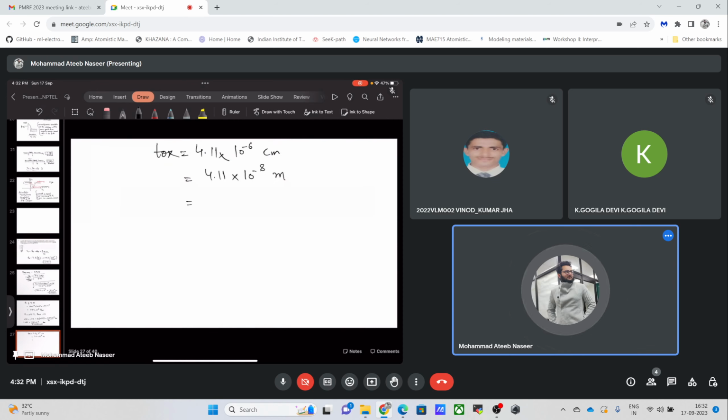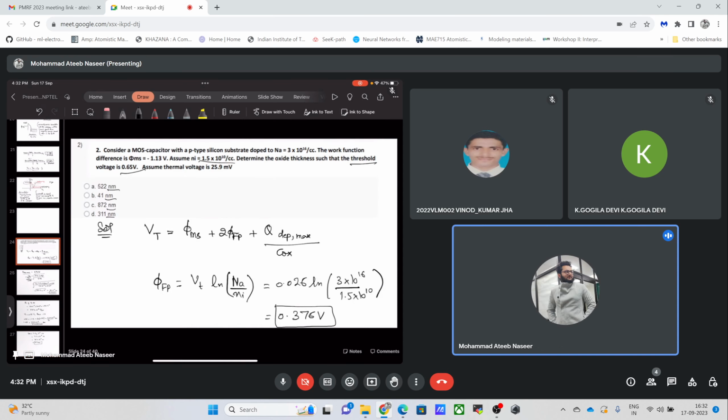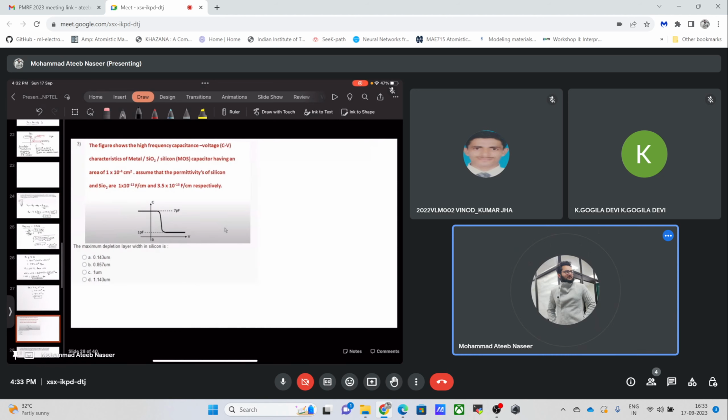So it is 41.1 into 10 raised to the power minus 9 meter, or 41.1 nanometer. This is the thickness of the oxide that we will be requiring. So option B is closest. It is 41 nanometer, and our answer was 41.11. So we will select option B.